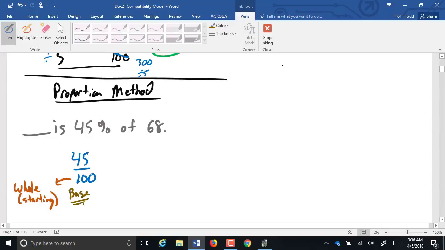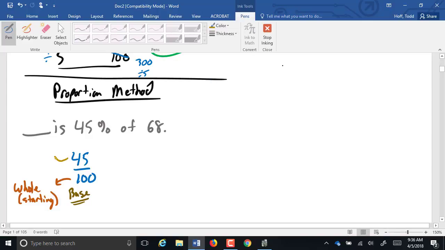For example, if you go to the store and you buy an item that is $6, you're going to pay $6.33 because of sales tax. The amount of sales tax is calculated based on the $6. So that $6 is your base. That would be representing the 100%. That's what you're starting with.